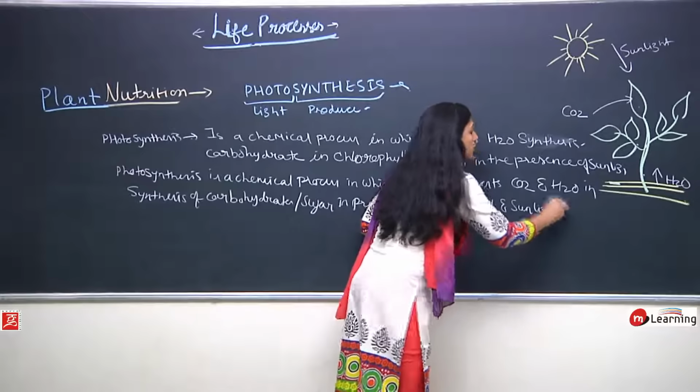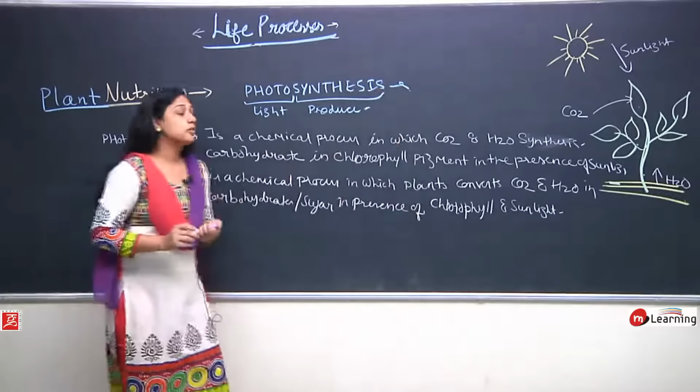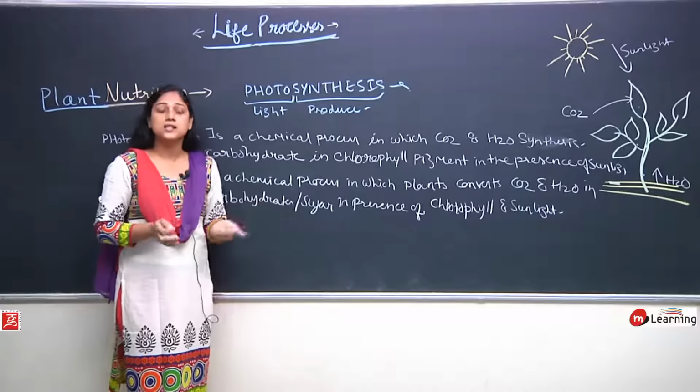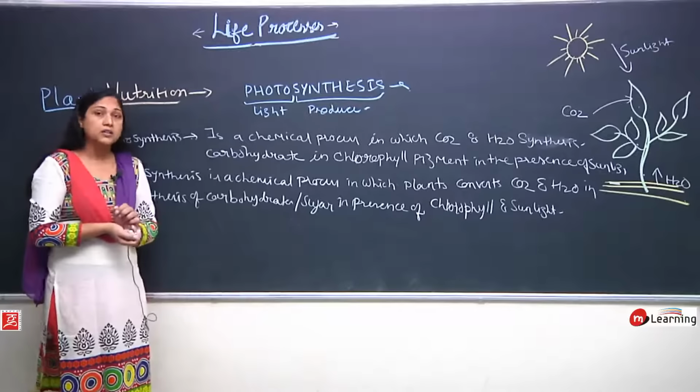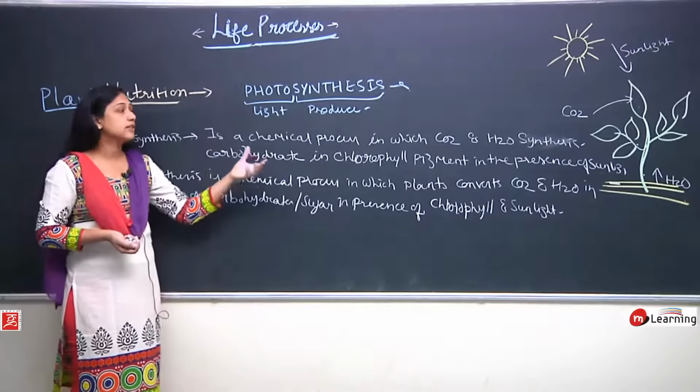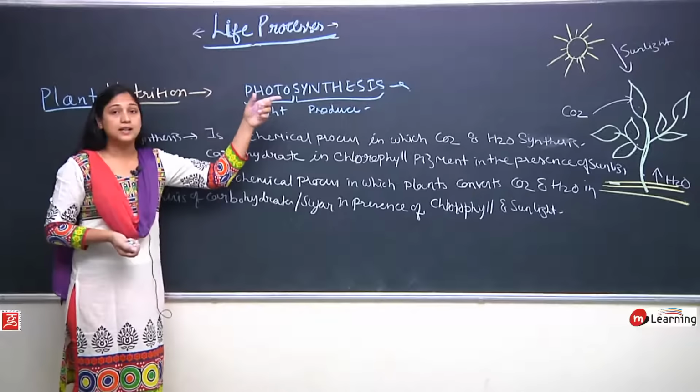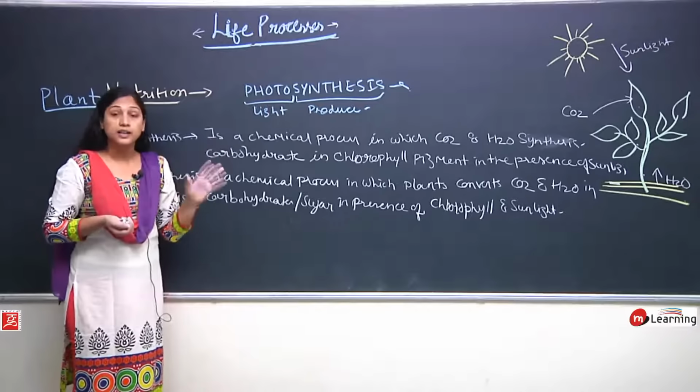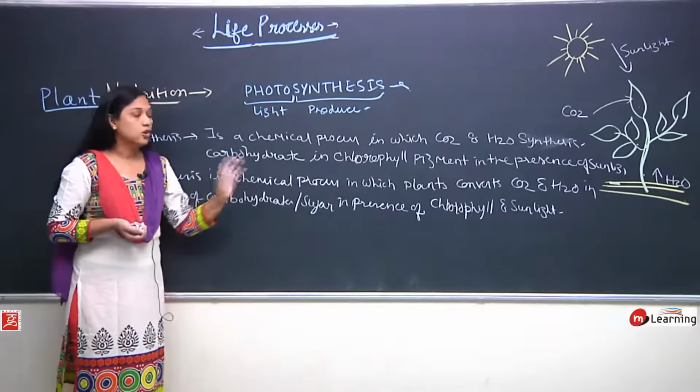Okay, so now we understand that for photosynthesis to occur, a plant will need carbon dioxide, water, sunlight and a green pigment which is called chlorophyll.